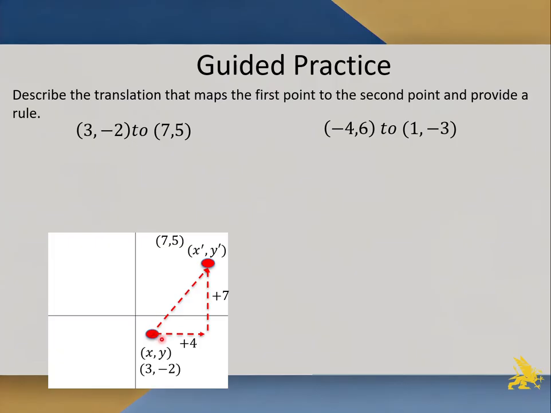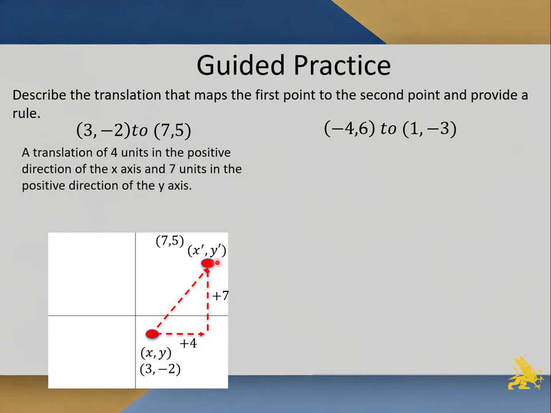To get x's 3 to 7, I'm adding 4. And then to go from -2 to 5, I'm adding 7. So this is a horizontal shift by 4 units in the positive direction of the x-axis and 7 units in the positive direction of the y-axis.